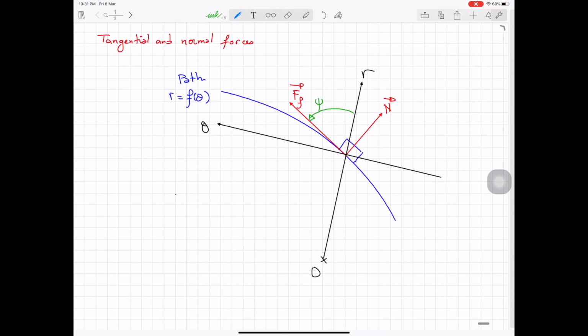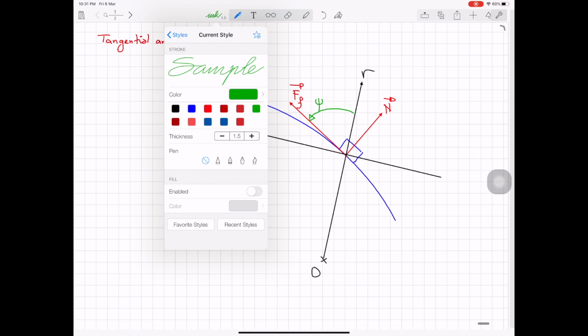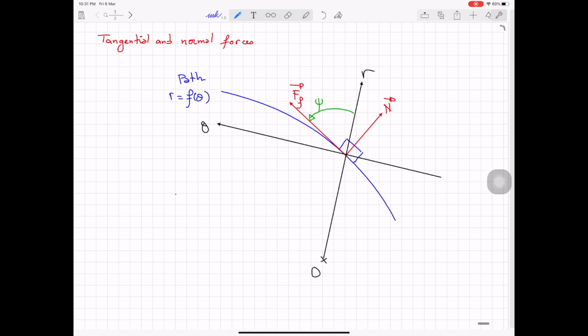This psi will allow you to resolve the friction force into two components: one component on the radial axis, let's call it F_F r, and another component on the transverse axis, let's call it F_F theta.